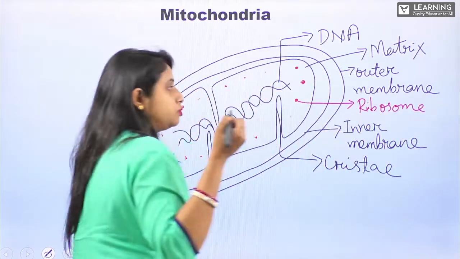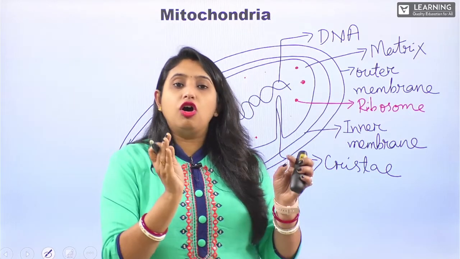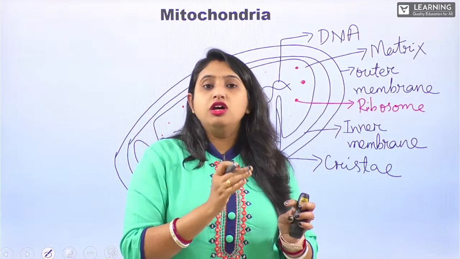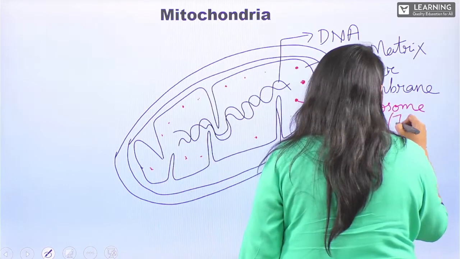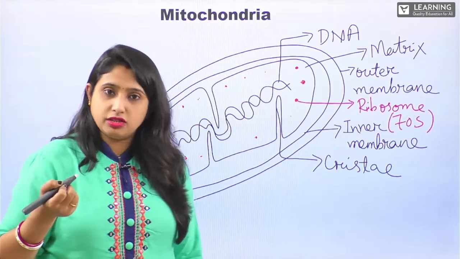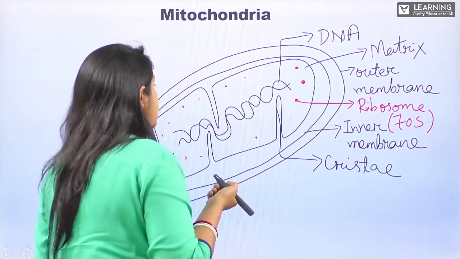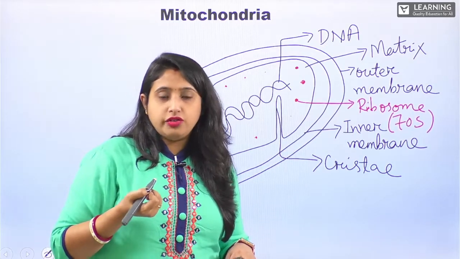So how many ribosomes do they have? As I said, they previously belonged to the prokaryotic groups. So they have 70 S ribosomes. Remember, they have 70 S ribosomes, not 80 S ribosomes. Clear? So this is how the structure of mitochondria looks like.